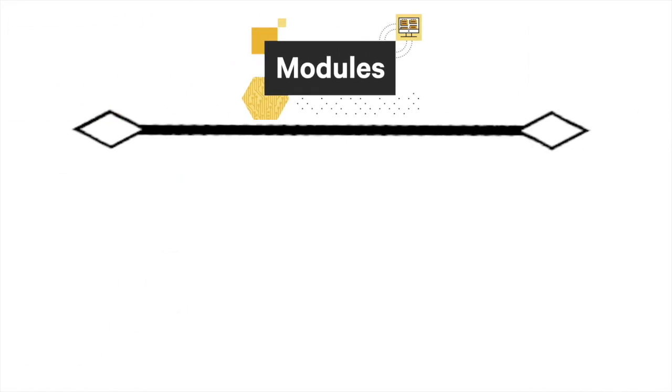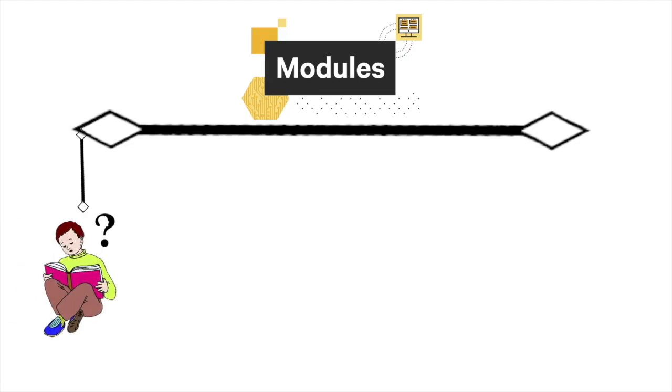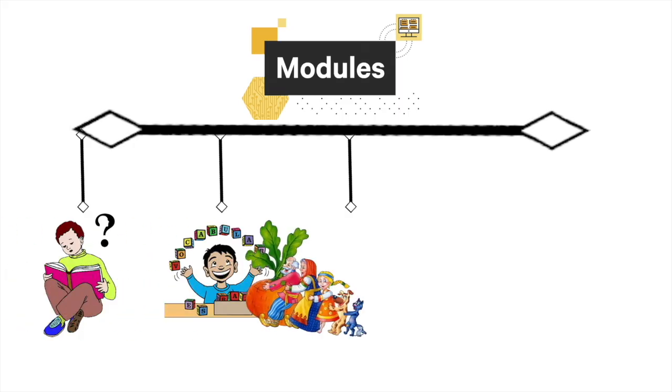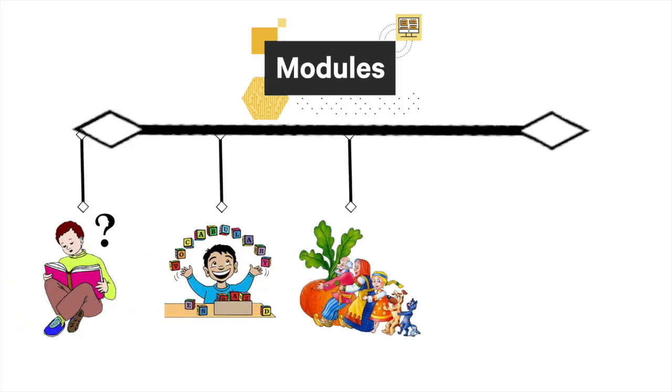Let's see what is the plan of today's module. First, we will discuss the objective of the course. Then we will find out why we are reading this story. Then we will find out some difficult words, that means vocabulary. After that, we will read the story, a Russian folk story, the Turnip.